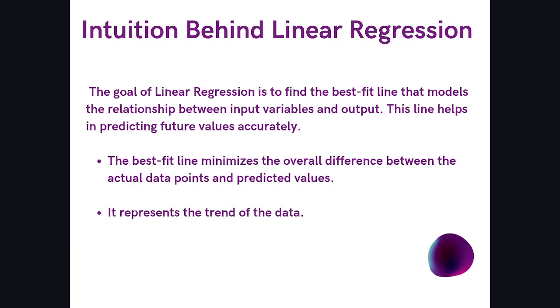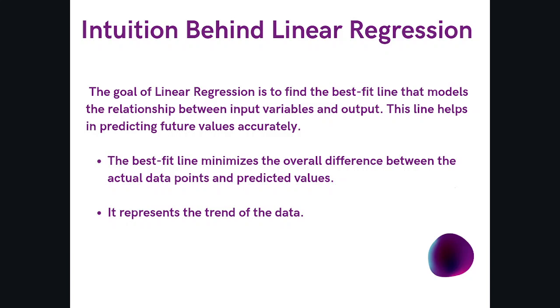The goal of linear regression is to find the best fit line. As I have said earlier, we have to find the best fit line where all the data points that we've got from the surveys are very close to the line.